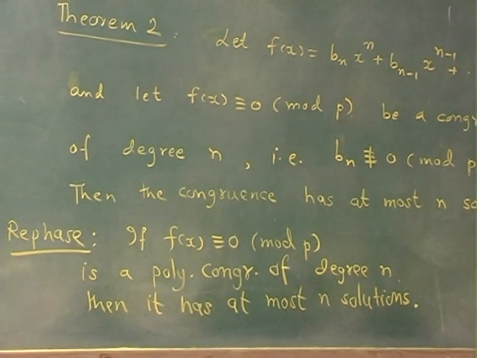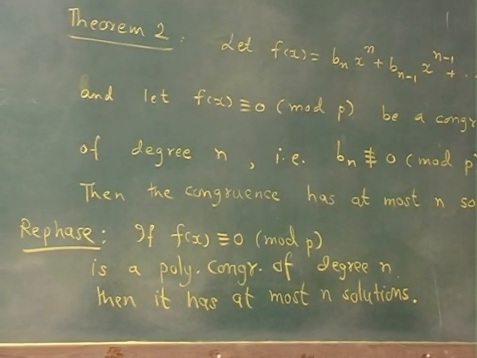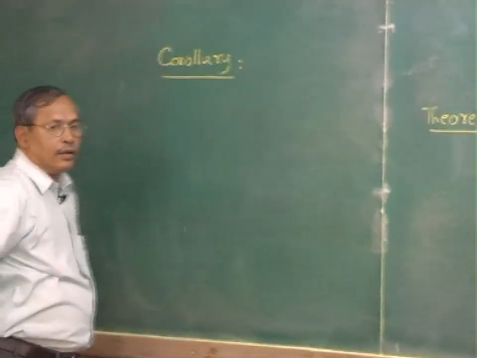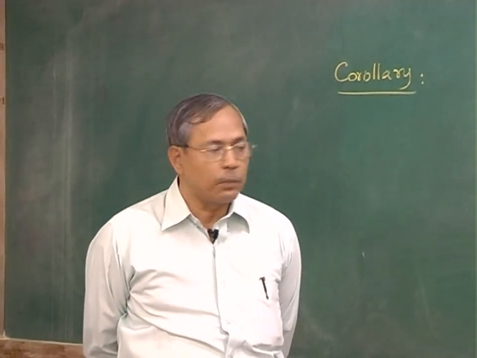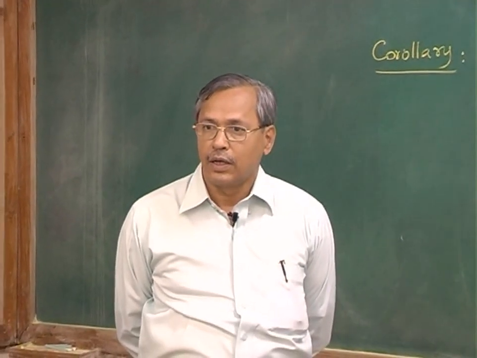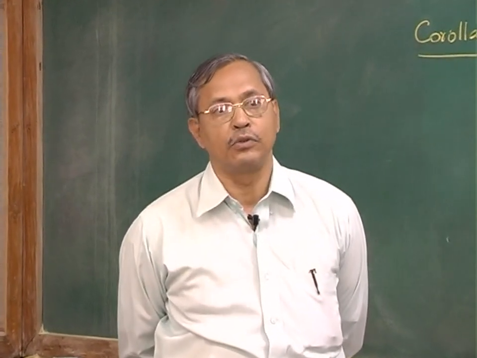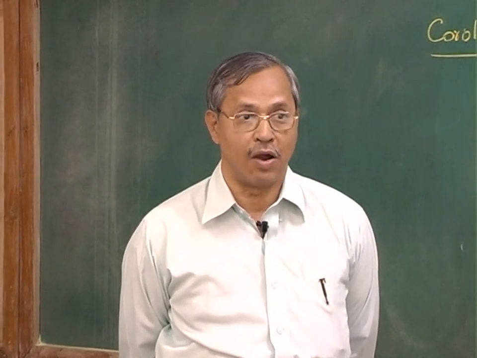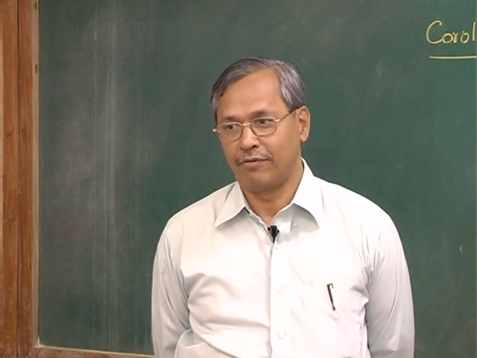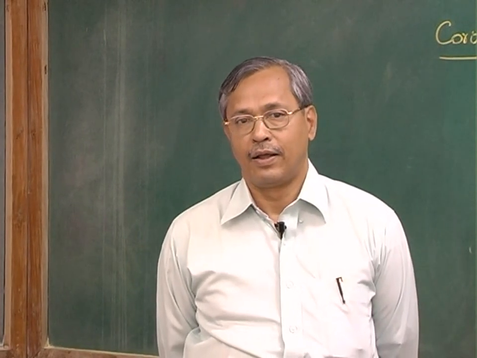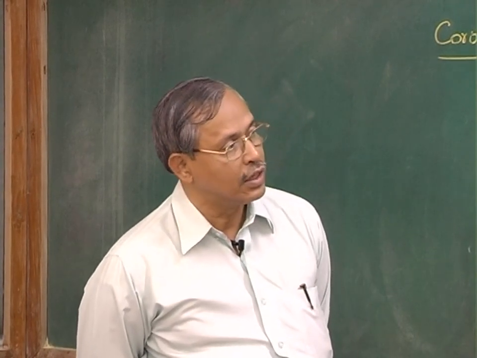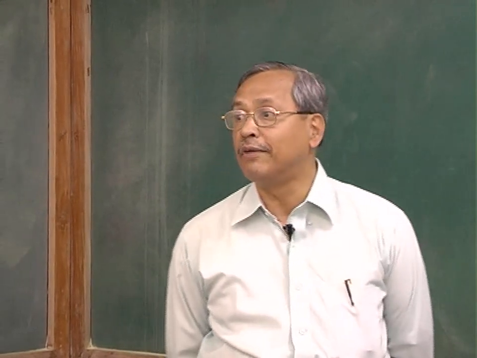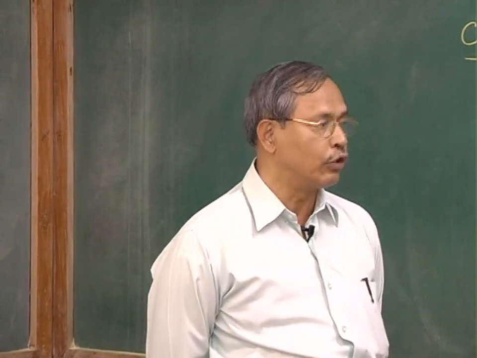A corollary of this is the following. So suppose we have a polynomial congruence of degree n, and suppose it has more than n solutions, then what will happen? It means that all the coefficients of the polynomial are divisible by the prime p. Okay, that is the conclusion.